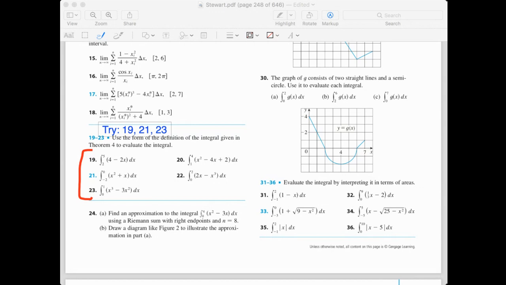So we start with 19, Amir 19, then Raphael 21. Hopefully someone can show 23.